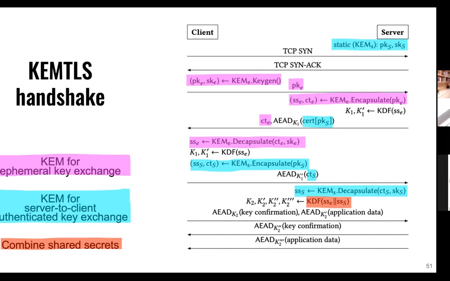TLS and KEMTLS do later contain key confirmation messages, which have a MAC using the shared secret over the transcript. And at that point in time, the client does get explicit authentication of its peer's identity. But at least in the first application data flow shown here, it's only implicitly authenticated rather than explicitly authenticated.